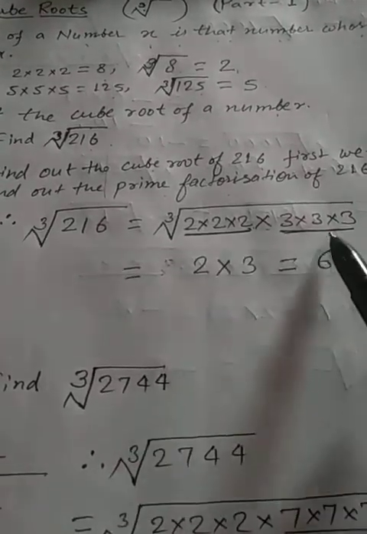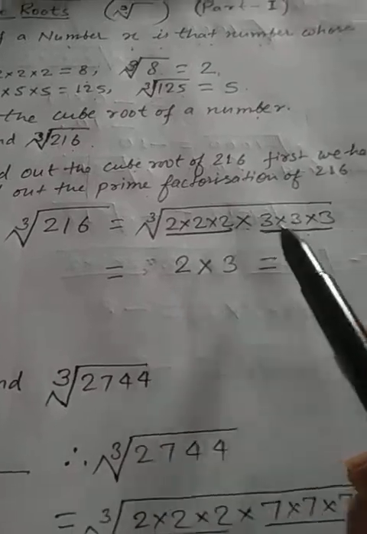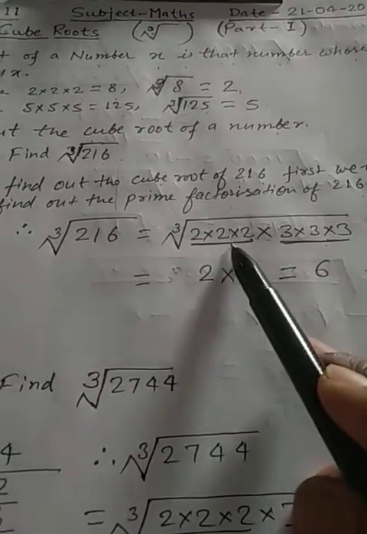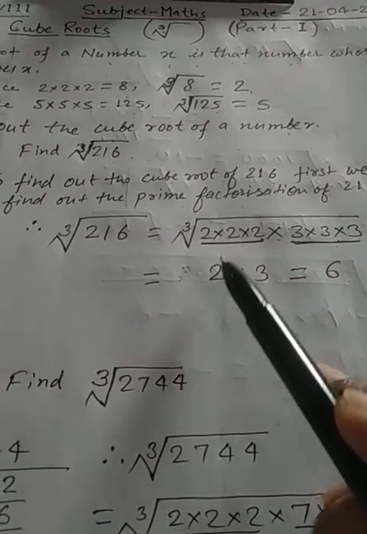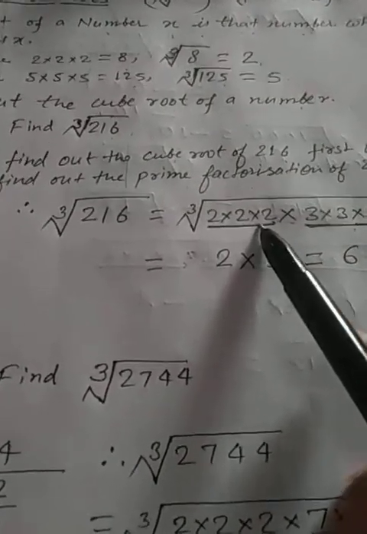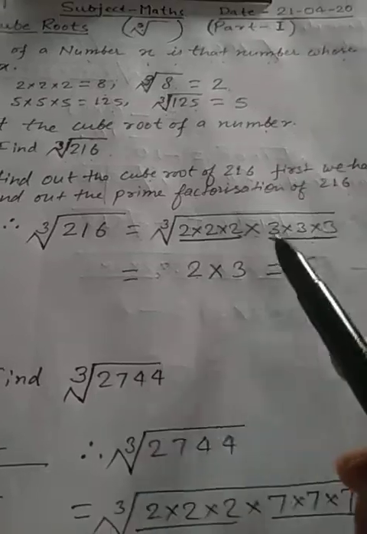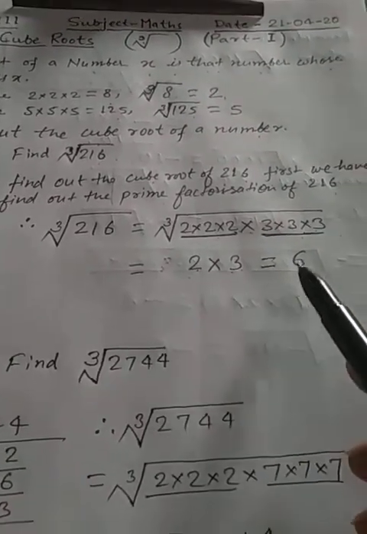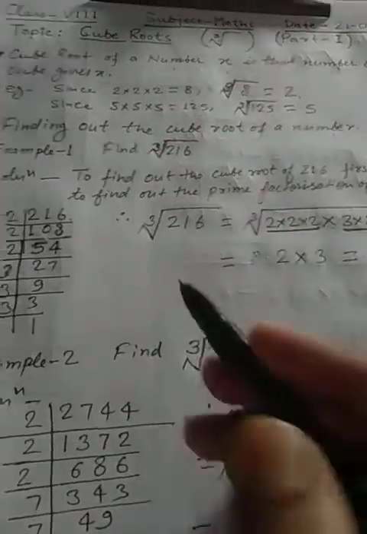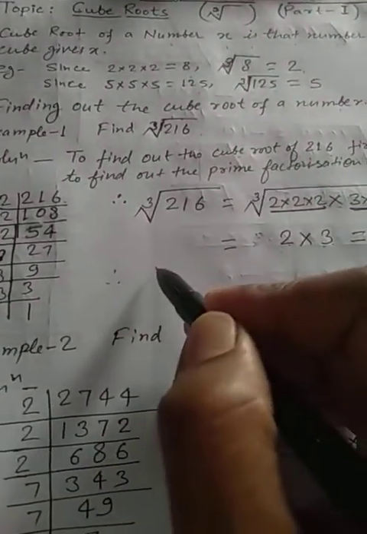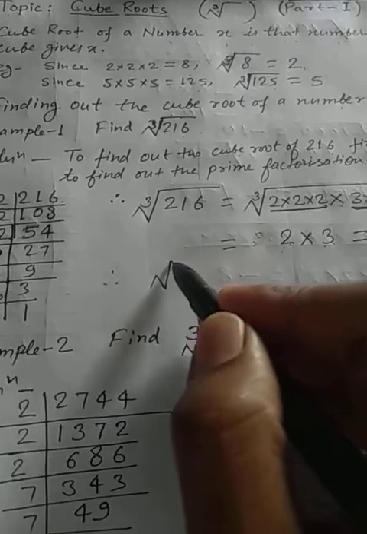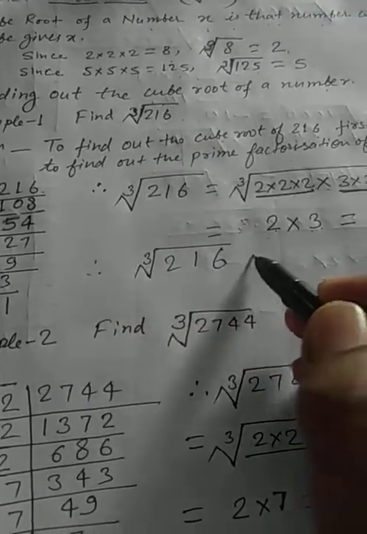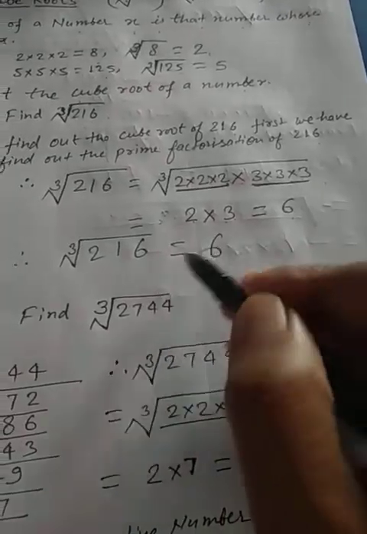There are 2 triplets, one of 2 and one of 3. Outside the cube root, we take 1 for each triplet. So I am taking one 2 and one 3. It will give you 2 into 3, that is 6. Therefore, the cube root of 216 equals 6.